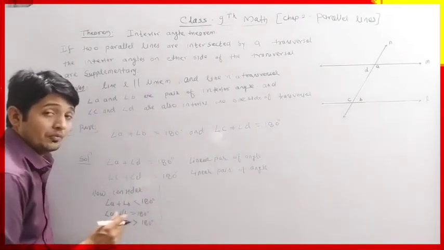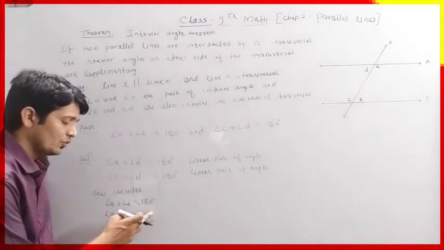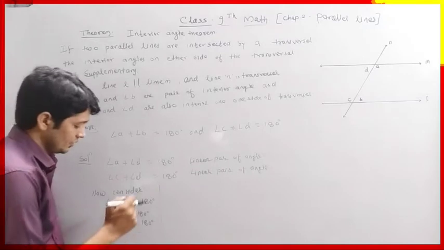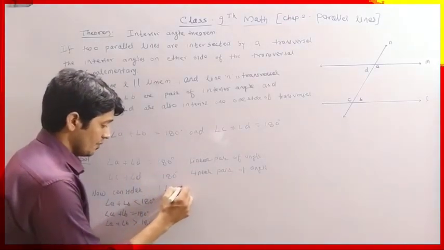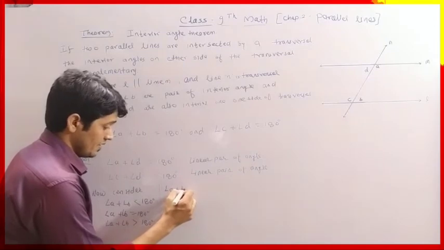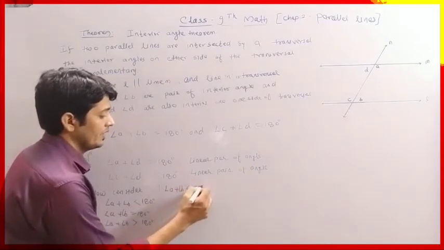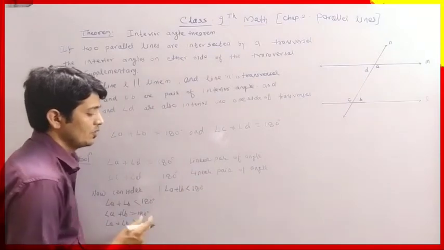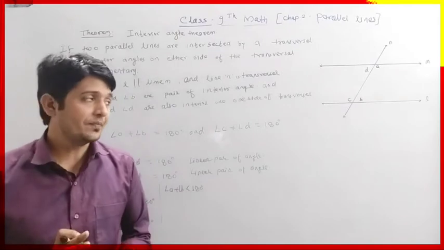So we have to prove these two wrong, then that will be correct. Okay, so here we have to write angle A plus angle B is less than 180 degrees. We will first check whether this holds.